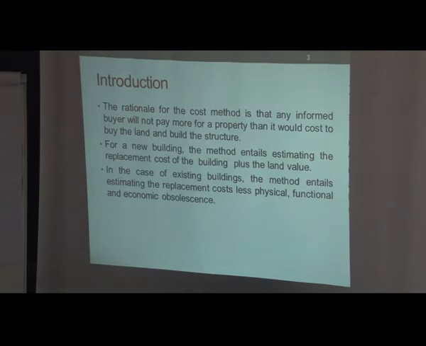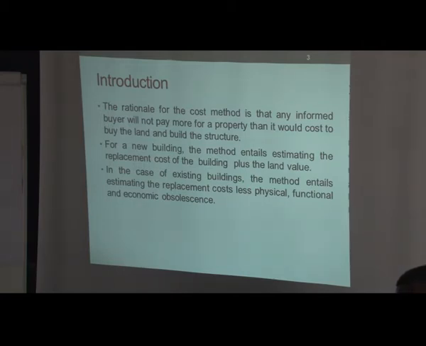So the combined value of that property is going to be the depreciated replacement cost, if it is an old building, plus the value of the land. This is basically the rationale of this method, that any informed buyer will not pay more for a property than it would cost to buy the land and build the structure on it.